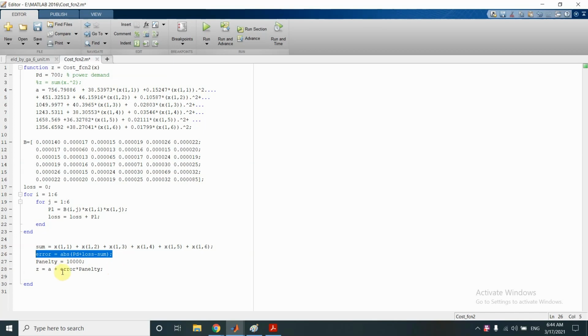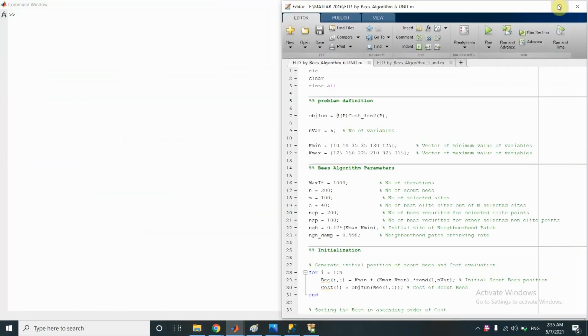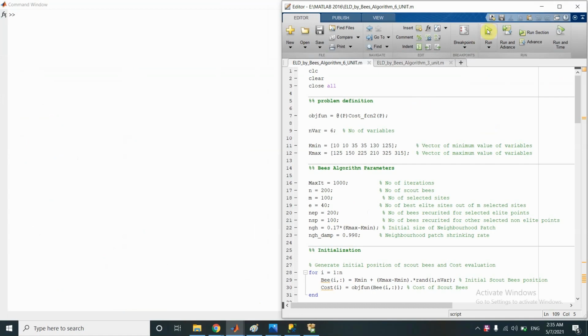The purpose of doing this whole penalty thing is to satisfy the constraint and at the same time we are trying to minimize the cost. So once we pass the element, now let us run it. And it is now running, the code is running.